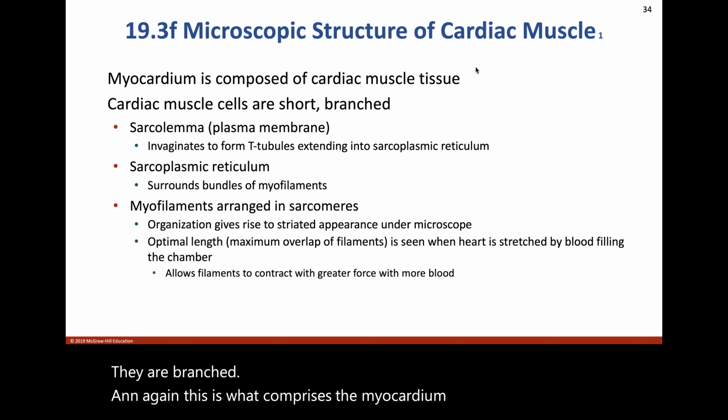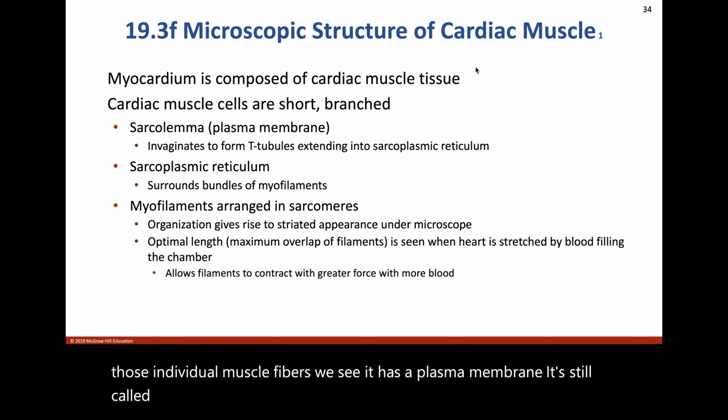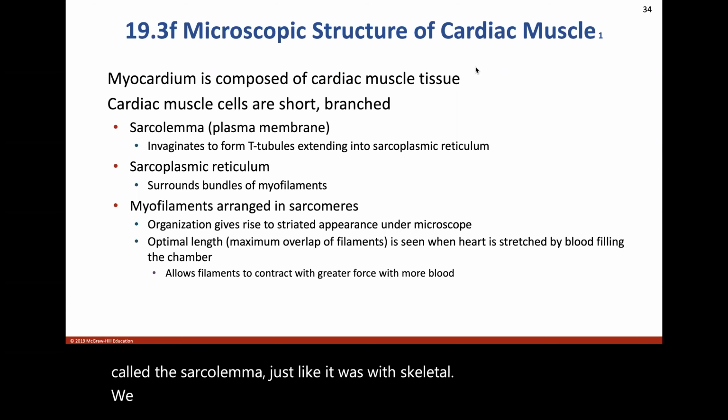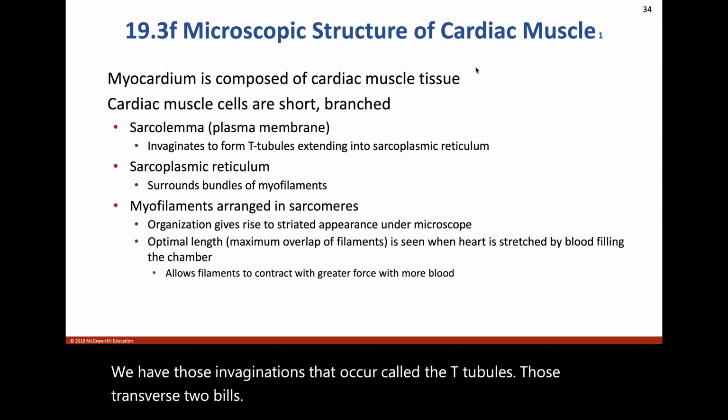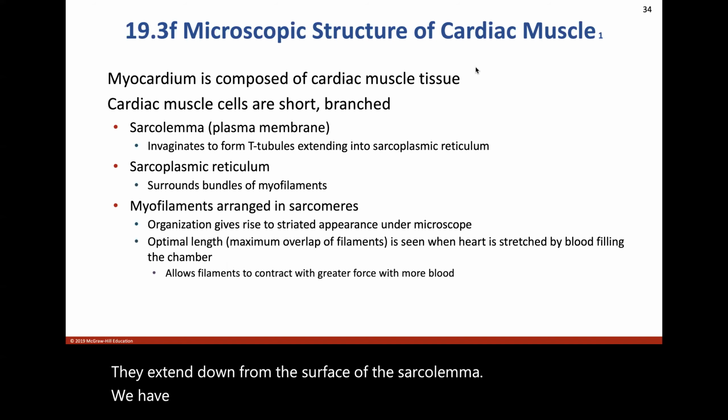When we look at those individual muscle fibers, we see it has a plasma membrane. It's still called a sarcolemma, just like it was with skeletal. We have those invaginations that occur called the T-tubules, those transverse tubules. They extend down from the surface of the sarcolemma. We have sarcoplasmic reticulum, just like we did with skeletal muscles.